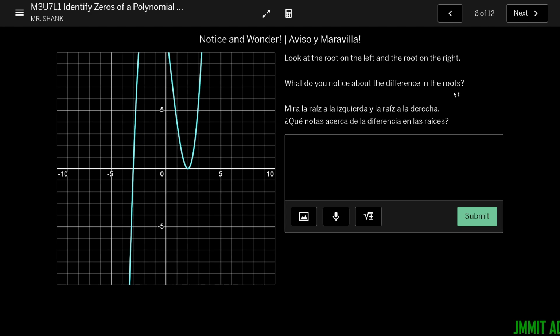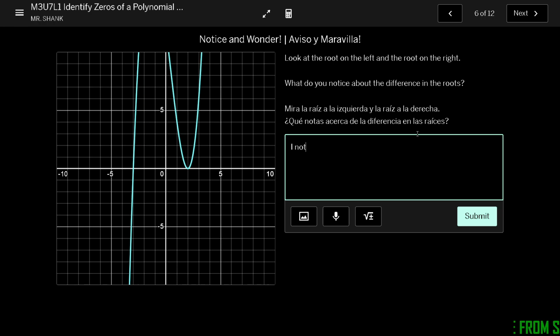All right. So now it says, know some wonder. It says, look at the root on the left and the root on the right. So I'm talking about where we have an x-intercept on these 2 points. What do you notice about the difference between those 2 roots? So what I could say is something like this.